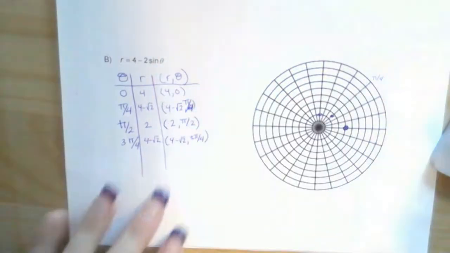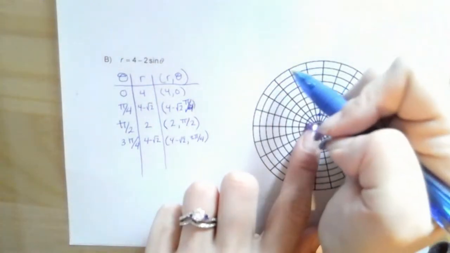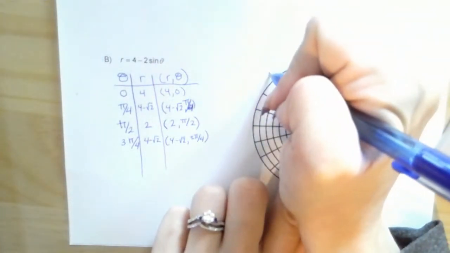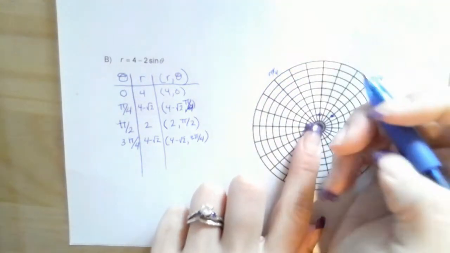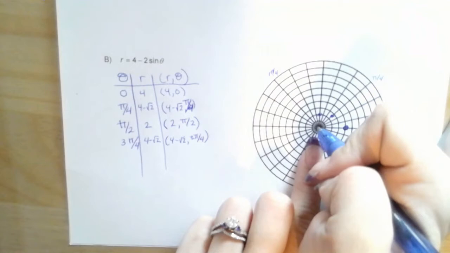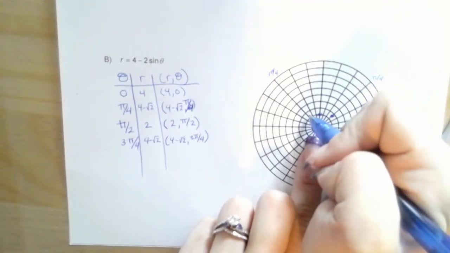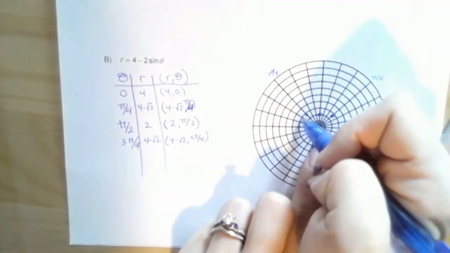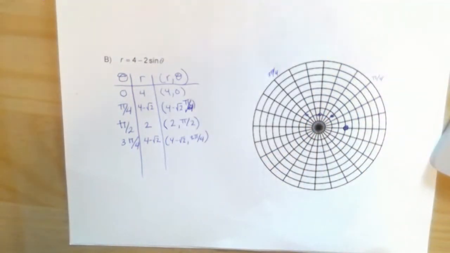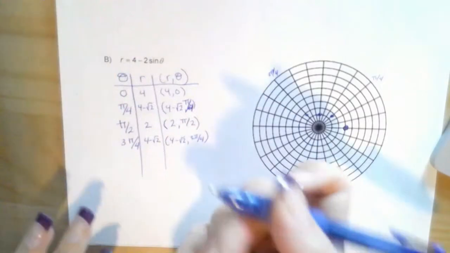Sorry, guys. Okay, so let me make sure I'm in the right one. So this is the 3 pi over 4. Okay, and I'm going to go out again 1, 2, and a little bit more than half. So I'm starting to go back out, which again, if we think of the Cartesian and we think of that wave, I bet you that's where it starts going up again.